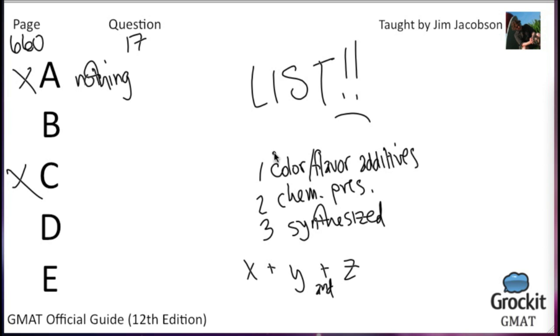Whereas if we put or in there, it means that any one of the individual choices would make the food unable to be called natural. So we definitely want things with or in them. The two choices that have and are C and E. So now we've eliminated A, C, and E. All we have left is B and D. So do not contain color or flavor additives, chemical preservatives, or that has been synthesized.